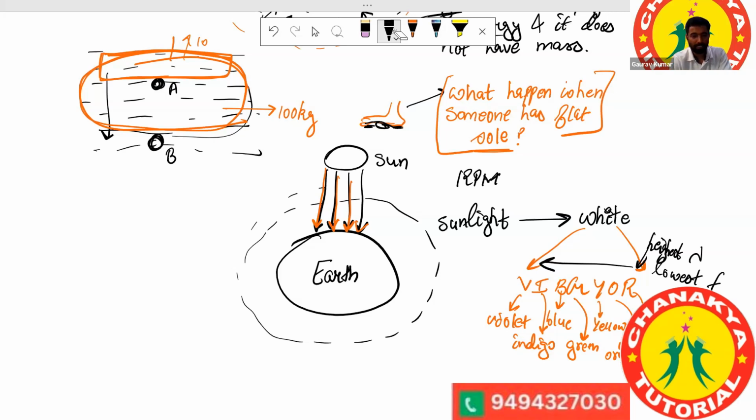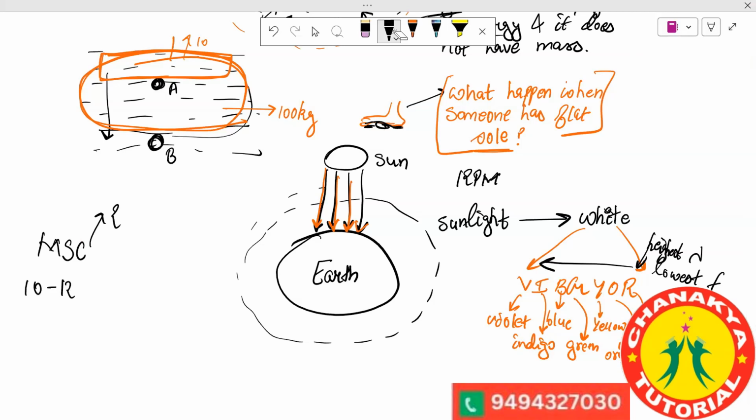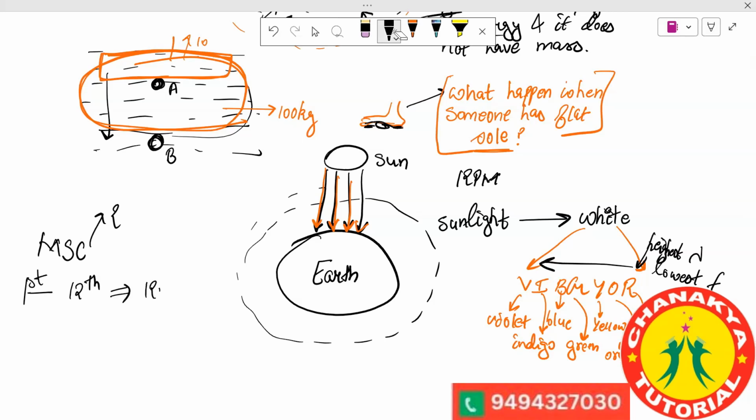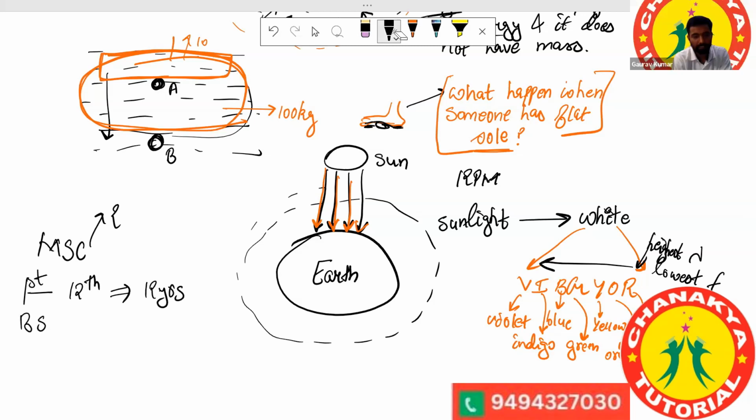After I completed 10th to 12th, then I did BSc. Okay, what's the full form? This is first class to 12th class. How many years is this? 12 years. Then I did BSc, which is 3 years.